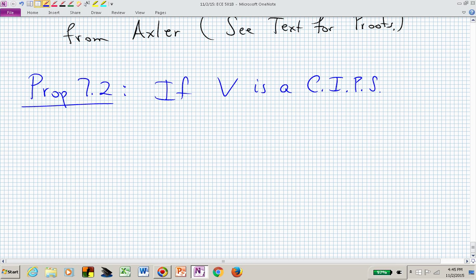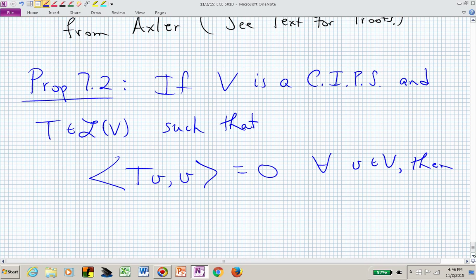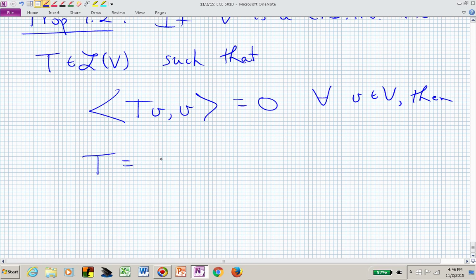So now V is a complex inner product space, and let's say that T is a linear operator on V. And suppose that that linear operator applied to a vector V, an inner product with V is equal to 0 for any V in our vector space. As long as we're dealing with a complex inner product space, then we can actually conclude that that linear operator is in fact the 0 operator.